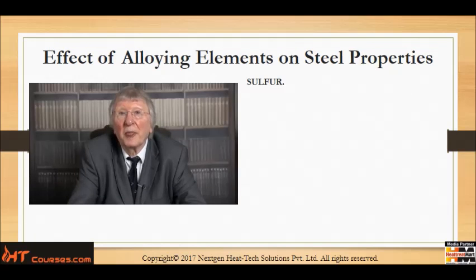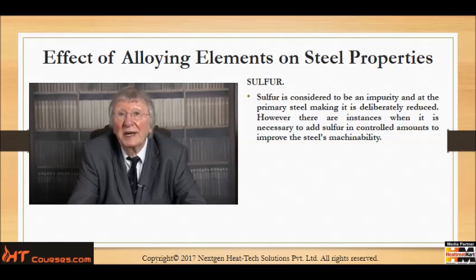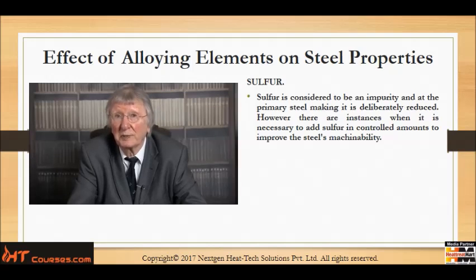Sulfur. Sulfur is considered to be an impurity, and at the primary steel making it is deliberately reduced. However, there are instances when it's necessary to add back the sulfur in very controlled amounts to improve the steel's machinability.